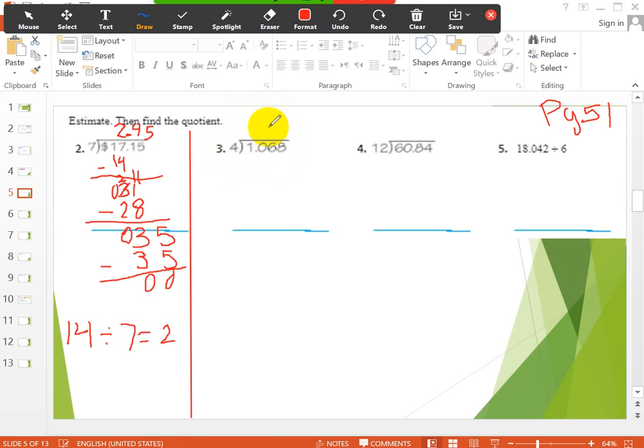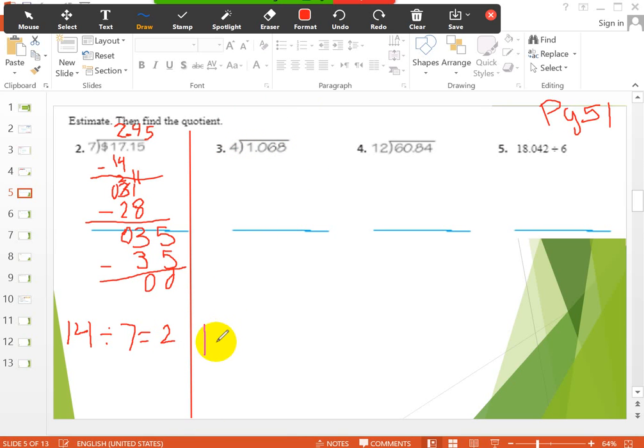Because the dividend is so small, I will round this to the nearest whole, which is 1. The nearest whole to this dividend is 1.